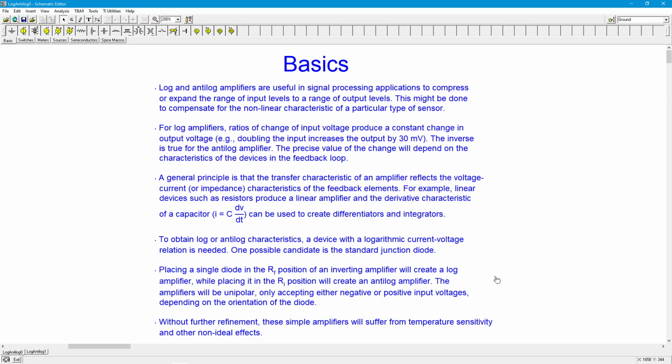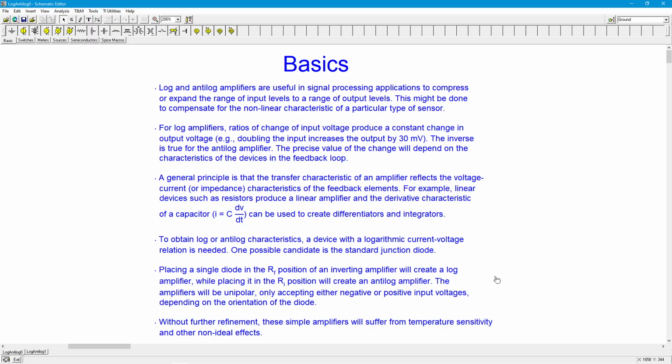That sort of derivative or integral characteristic, if you wrote it in terms of V rather than I, can then be used in the feedback loop to create a differentiator or an integrator. In other words, a circuit that differentiates the input signal or integrates the input signal. Another useful device, and that was the building block of the old analog computers from days gone by. But you know, we still have uses for these things.